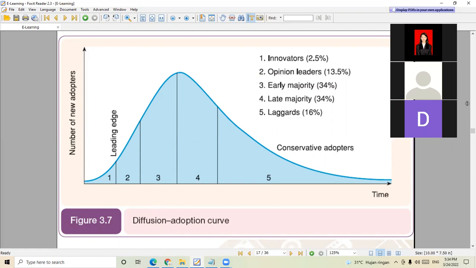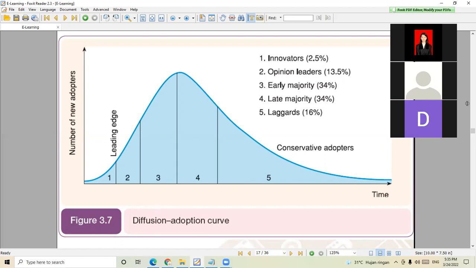So if it's about technology, maybe we will try to use the first one. Oh, okay, you choose the innovators. We can do some trials and errors, and then maybe we can evaluate from that, so we can know whether our decision is good enough or not.